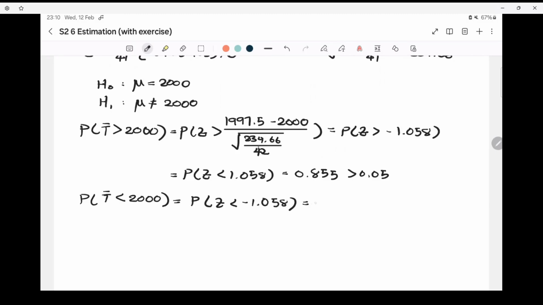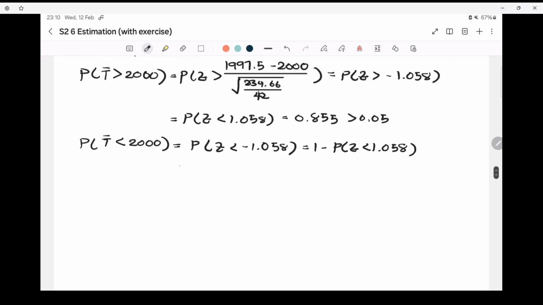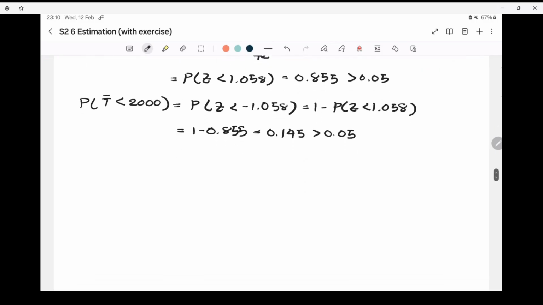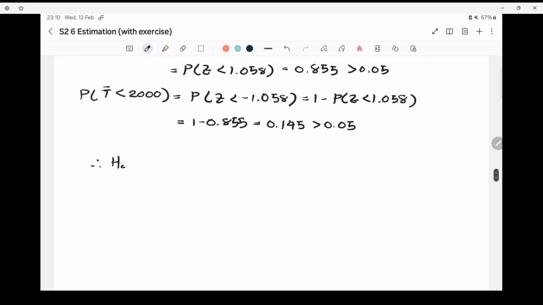So this will be 1 minus P(Z smaller than 1.058), and we know that value is 0.855. Once you subtract that, you get 0.145, which is still greater than 0.05. Therefore, there's no reason for you to reject your H naught, your null hypothesis. So that's all for this particular video. Thank you.